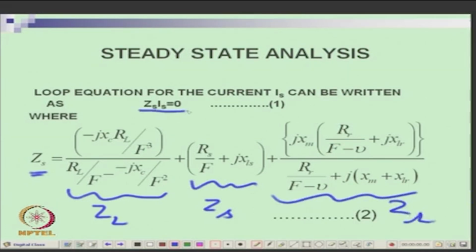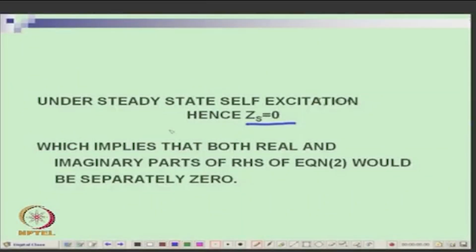And we know that Z Is is 0, but it is self excited, meaning it is having a current, meaning Is is not 0, therefore Z is 0, okay. So, we have said that Z is 0, which implies that its real and imaginary parts must be 0, okay.